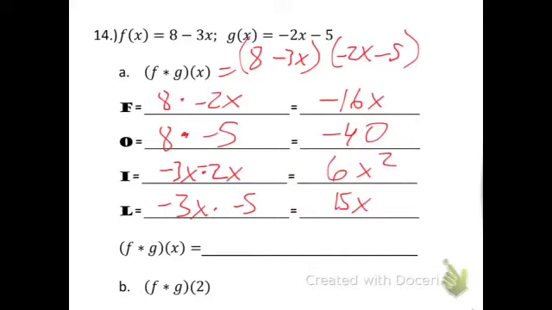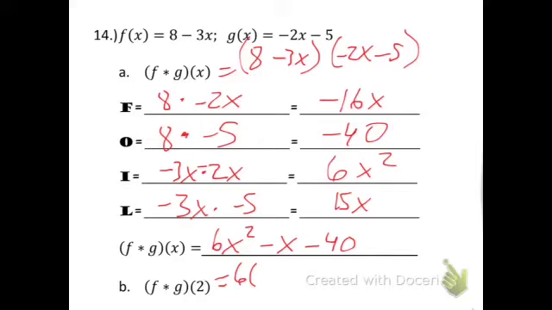Combine like terms, that's this guy and this guy, and typically we start writing it out with the squared portion first. Negative 16x plus 15x is negative x, and then we subtract 40 on the end. Now you take 2, plug it into both of those x's, and calculate.